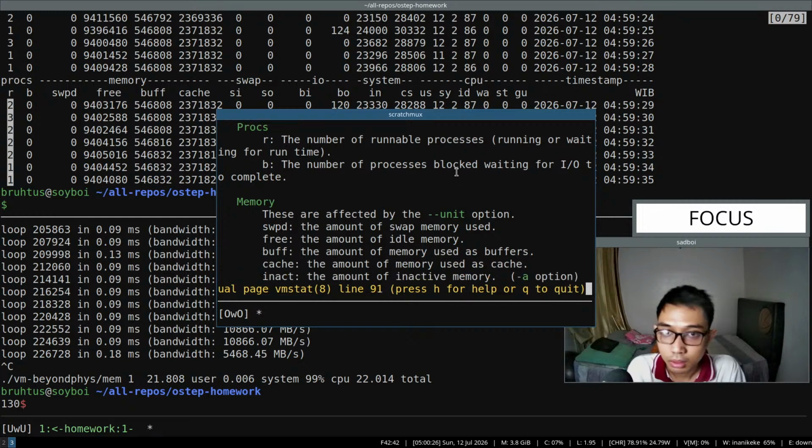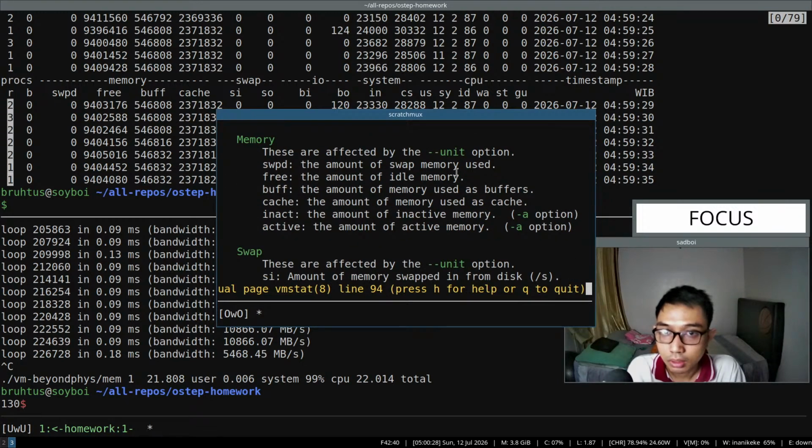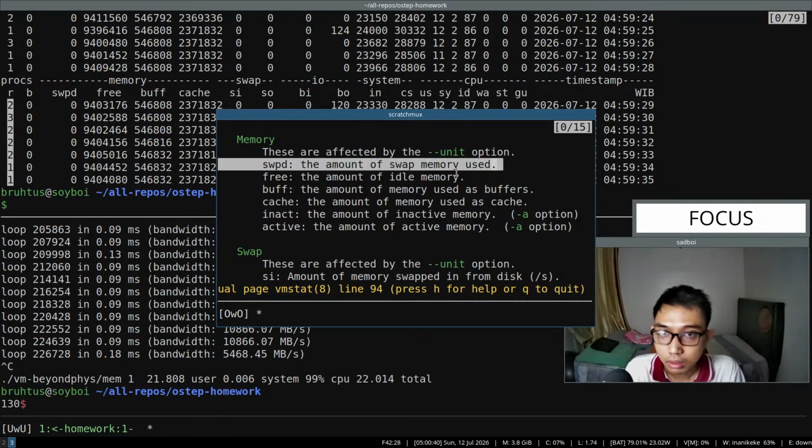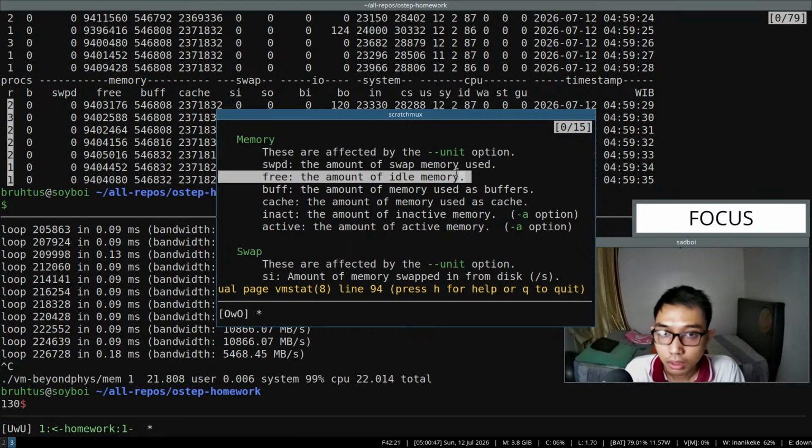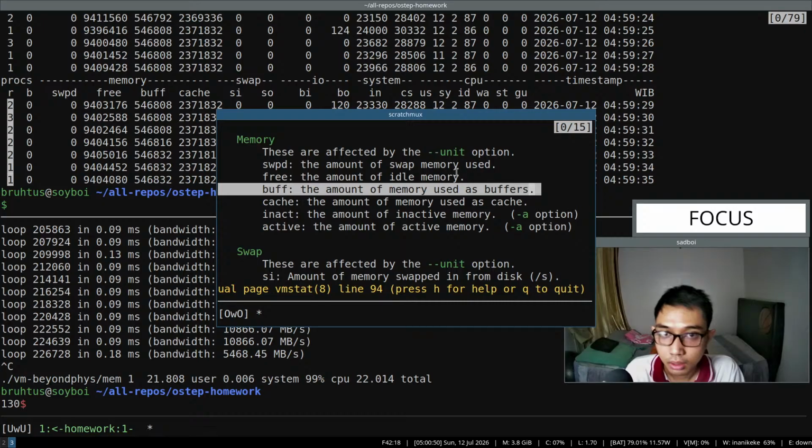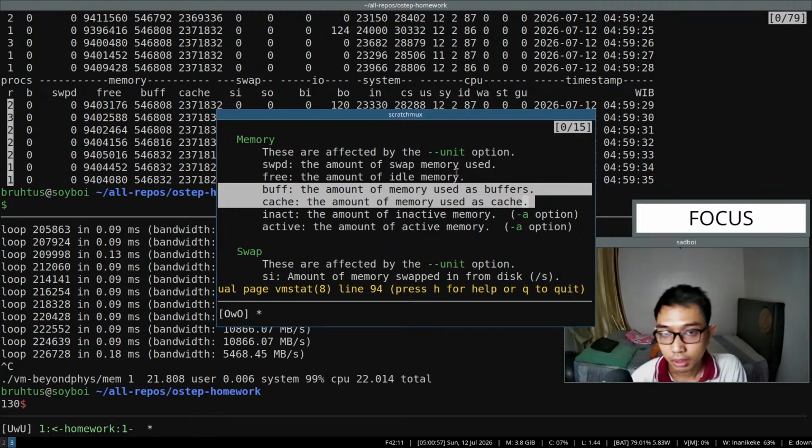Okay. And then the memory. SWPD, the amount of swap memory used, free, the amount of idle memory, buff, the amount of memory used as buffer, and then cache, the amount of memory used as cache.